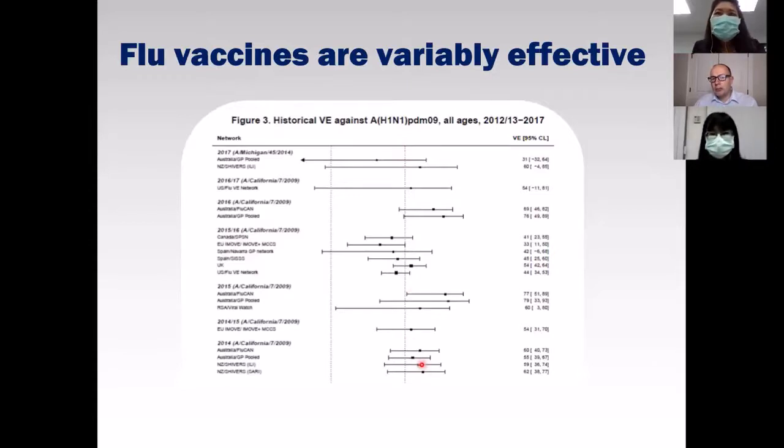So typically the point estimates for efficacy of flu vaccines hover around the 50% mark. For the H3N2, it tends to be a little bit worse. So flu vaccines work, they're a valuable public health tool, but they aren't the best vaccines we have.